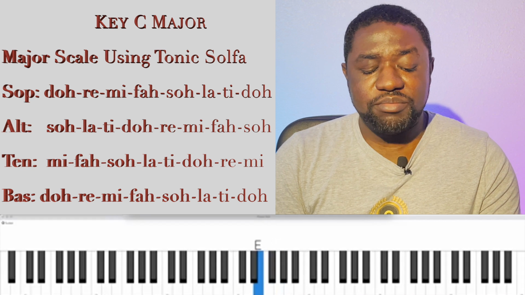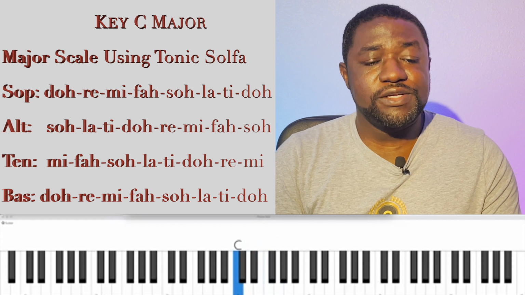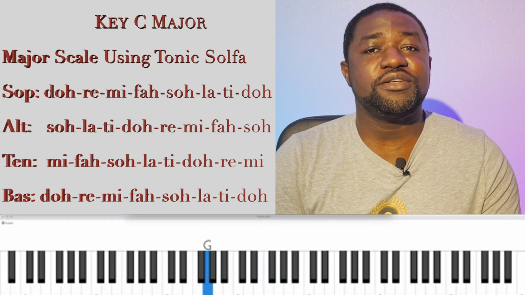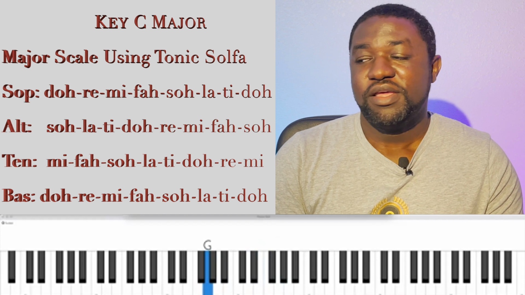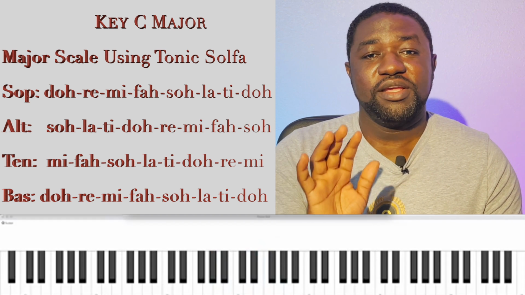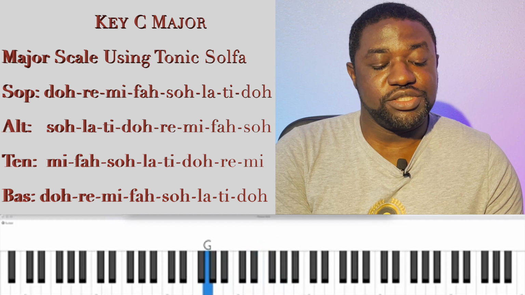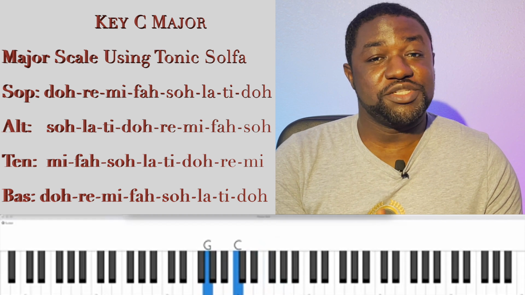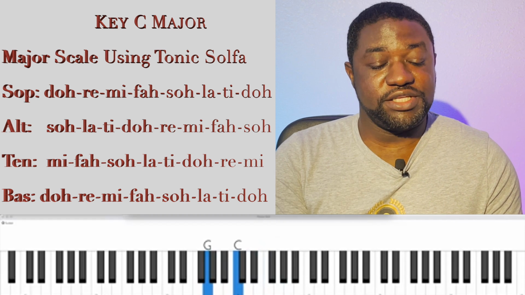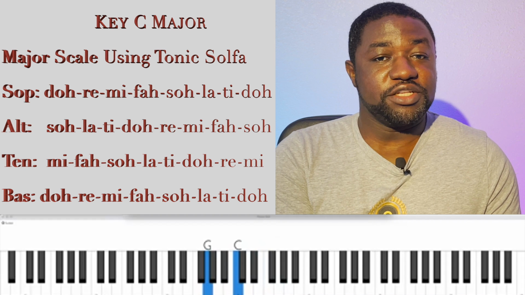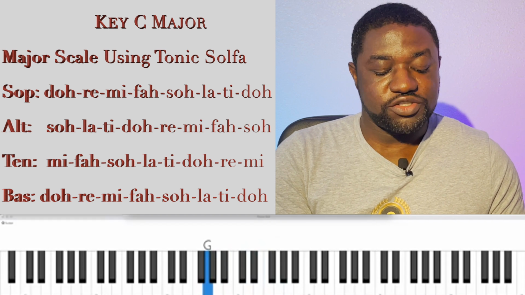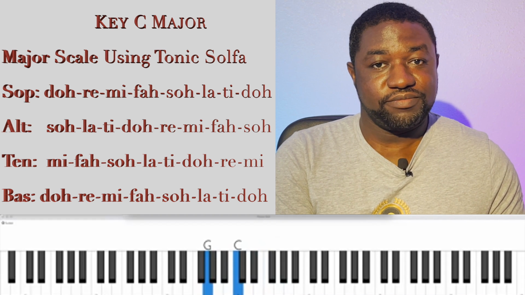Sol, fa, mi, re, do, ti, la, sol. Now, if you look on the screen, the names of the notes are different. Altos are starting from G, while sopranos started from C, high octave C. Okay, so now let's play the altos and sopranos together.